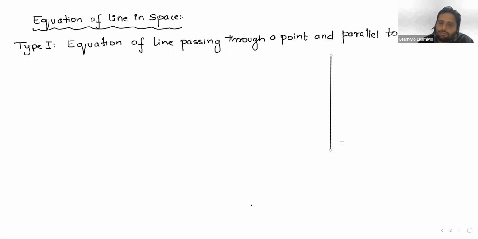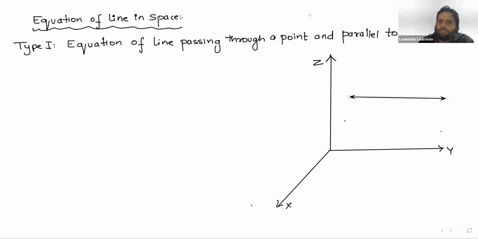Okay, so suppose this is x, this is y, and this is z. You have this line, it is passing through a point A, and this point A has the position vector a. So your line is passing through this point, and this has the position vector a.